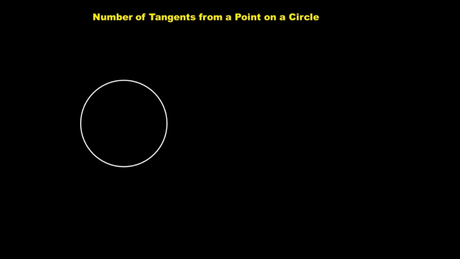So what are the options we have for the point relative to the circle? We have 3 options. The first option is the point can be outside the circle, for example, here.